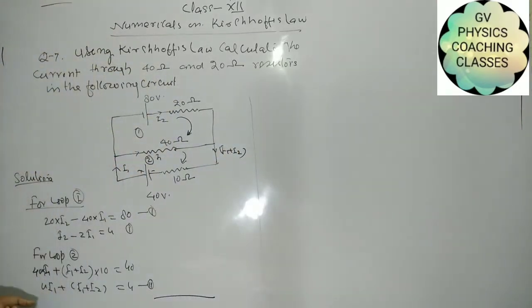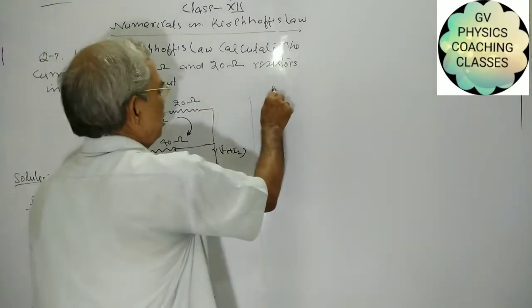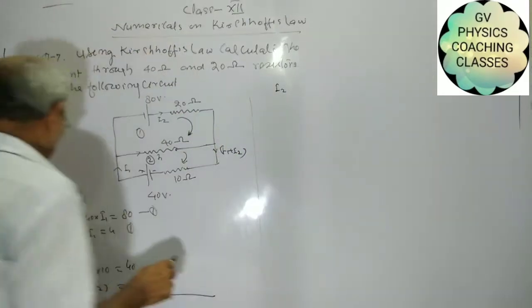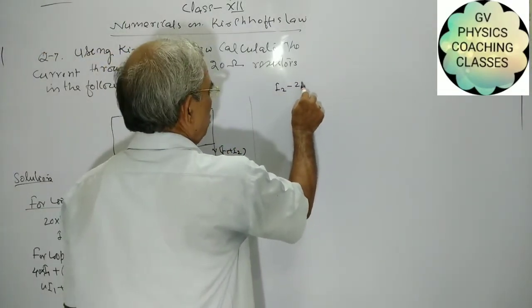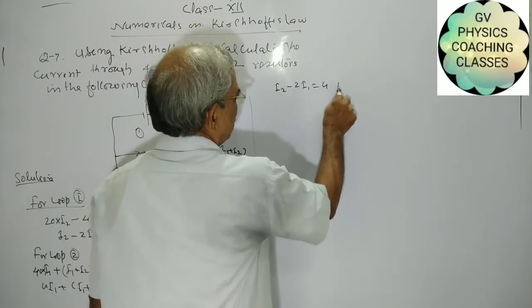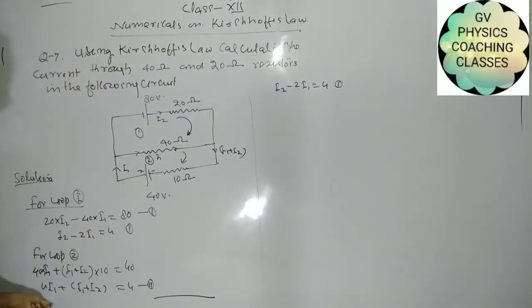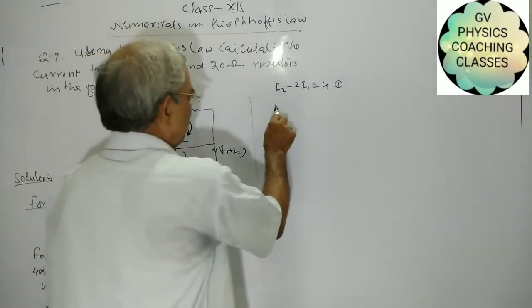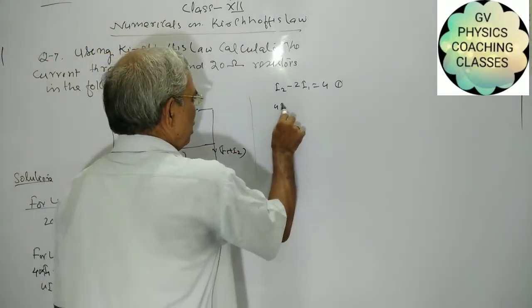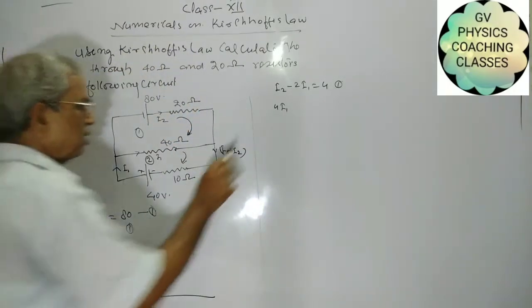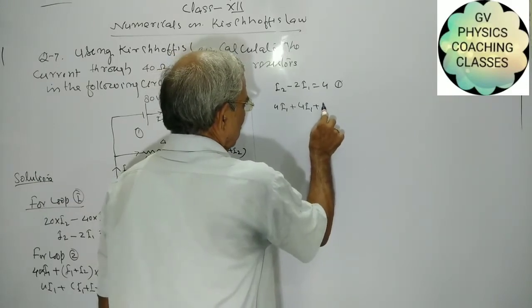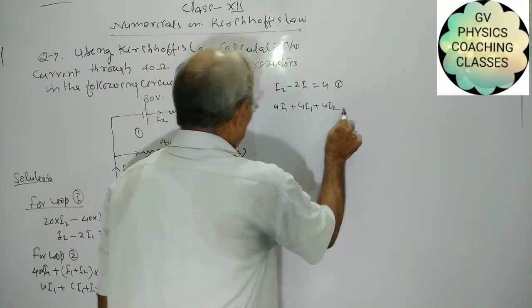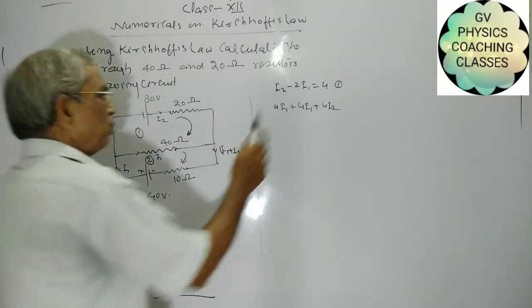Now solve. First equation, I2 minus 2I1 is equal to 4. This is equation second, and open this. 4I1 plus 4I1 plus 4I2, how much 4?